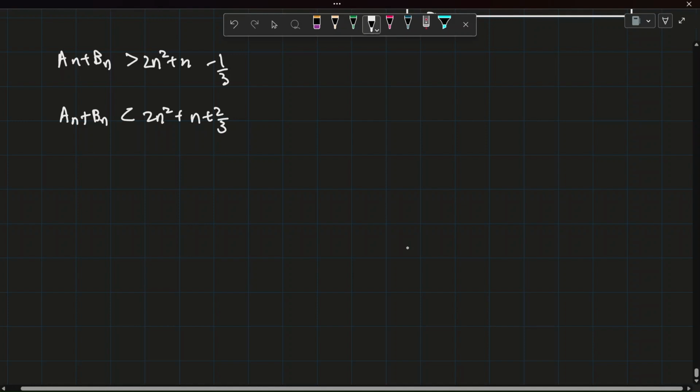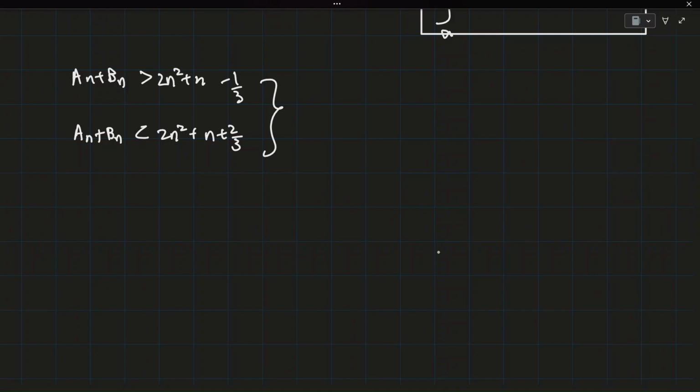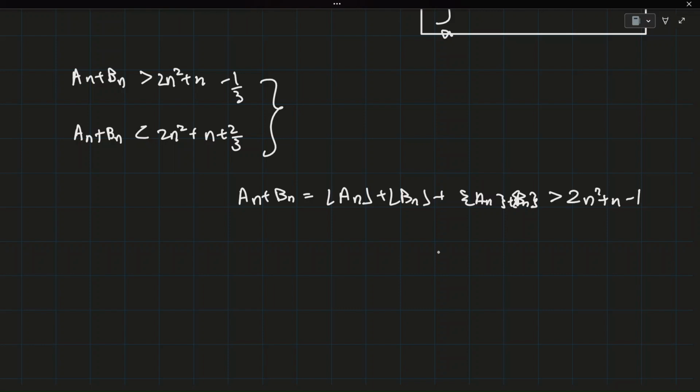Okay, so from these two inequalities, after getting these two bounds, let's analyze the current situation. We know that an plus bn is equal to greatest integer an plus greatest integer bn plus their fractional parts, and this is greater than 2n square plus n minus 1 by 3, and also these two fractional parts combined are less than 2.